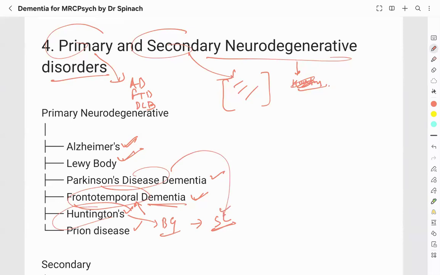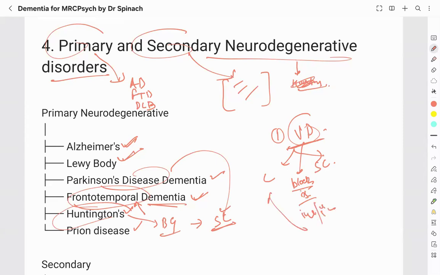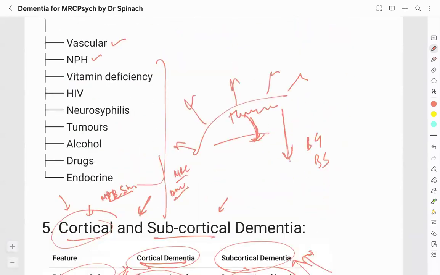But as you said, there's one primary pathology called vascular dementia. Vascular dementia can be either cortical or subcortical, depending upon where the block is. It depends upon the infarct or ischemic area. If it is cortical, it affects the cortex. The subcortical one has a name, something like Binswanger. Let's look into that.